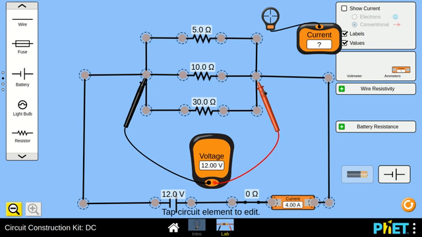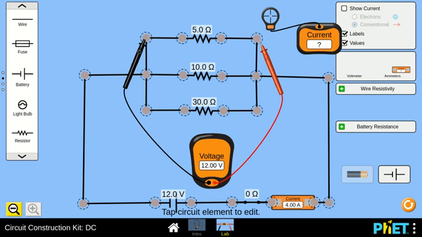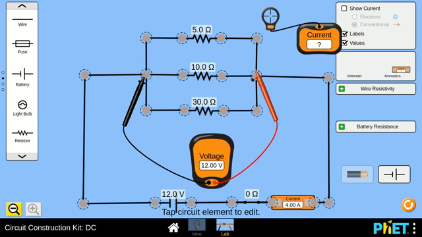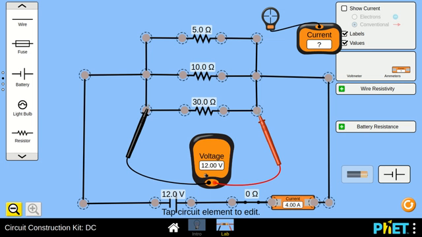As we had seen in series also, let us see what happens when you take this voltmeter and connect it across the 5 ohm resistor, similarly the 10 ohm resistor, and again when you connect it across the 30 ohm resistor, you will see that the potential difference across the resistors will always be 12 volt.